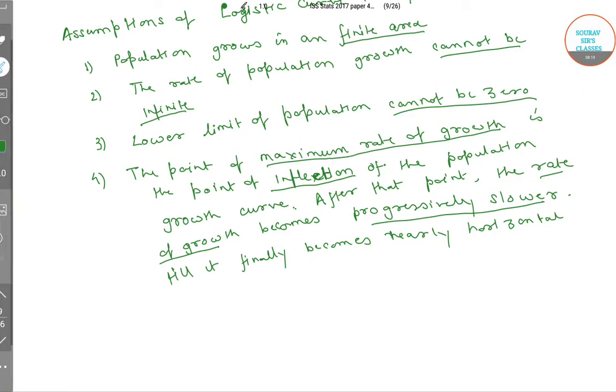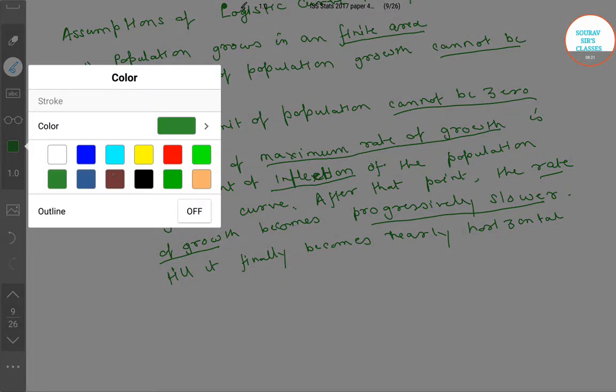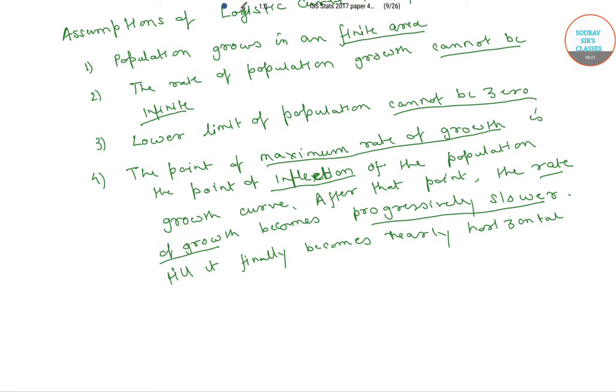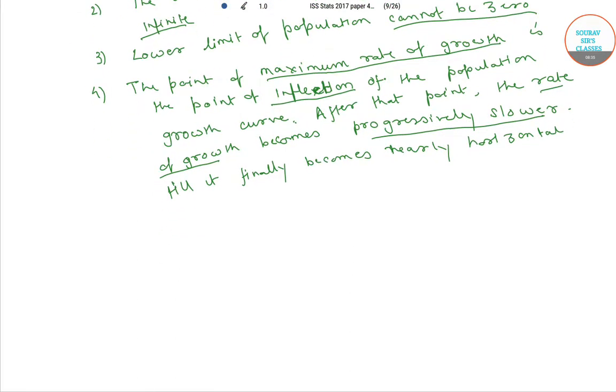Now, given these assumptions, the population rise or fall is in the form of a cycle, and the changes that occur in population growth are circular.